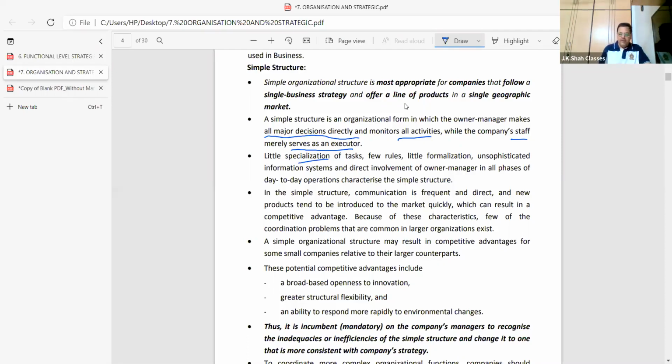So here I said little specialization of task, few rules, little formalization, unsophisticated information system. What is unsophisticated information system? I said informal communication system. She wants to take a leave tomorrow, so she'll say, sir, tomorrow I'll not come. Maybe next day morning she feels she cannot go, she's not feeling well.